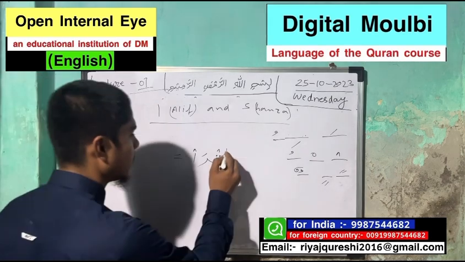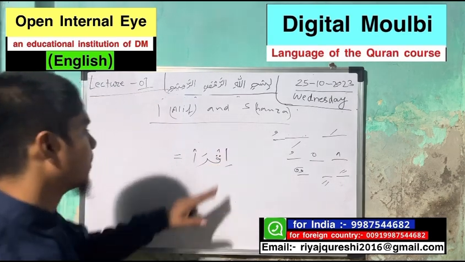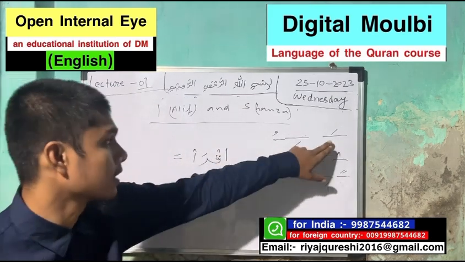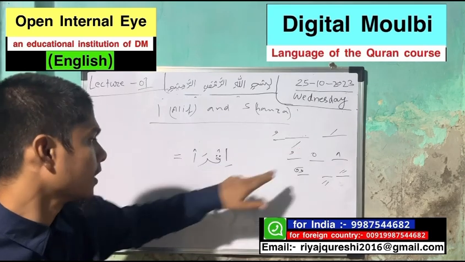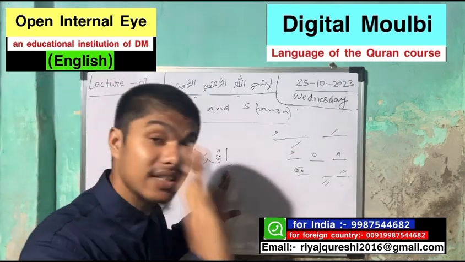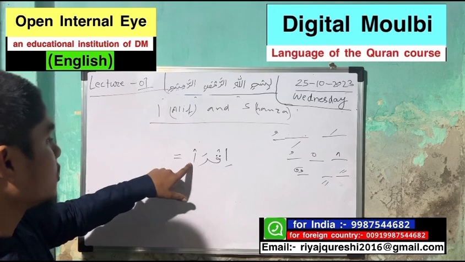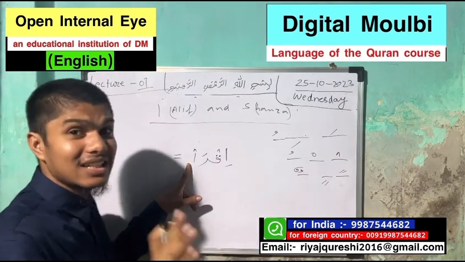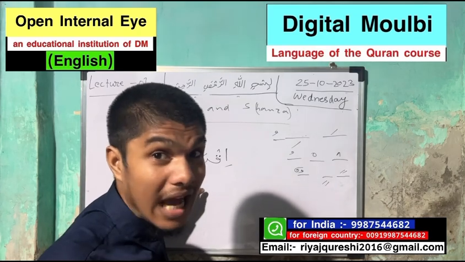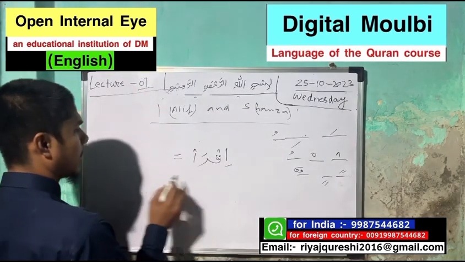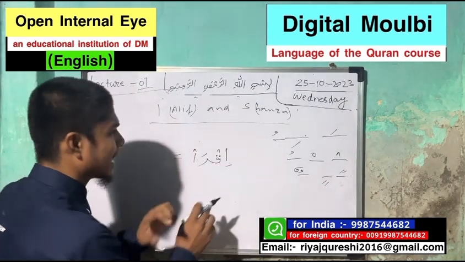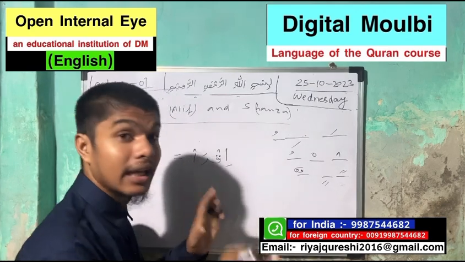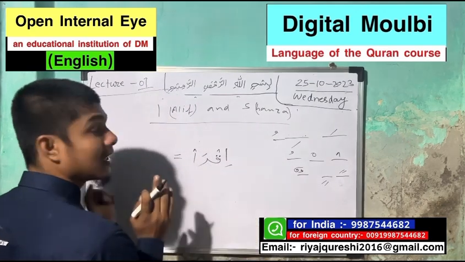You also see this is like alif, but this is not alif because it has a harakat, jer, that's why it is not alif, it is hamza. And this also has one of these harakat, sakun, that means it is not alif, it is hamza. So in this word there is no alif, there is hamza.